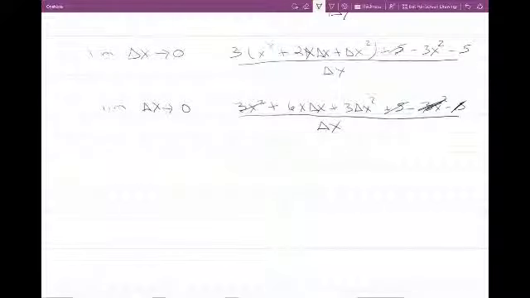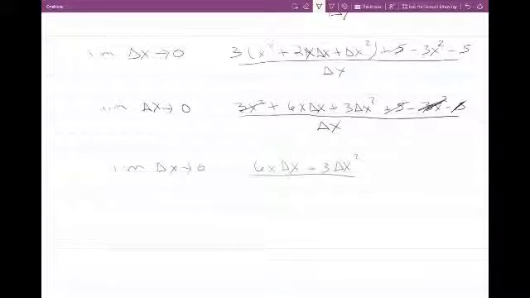Now I'm left with the limit as delta x approaches 0 of 6x delta x plus 3 delta x squared over delta x.